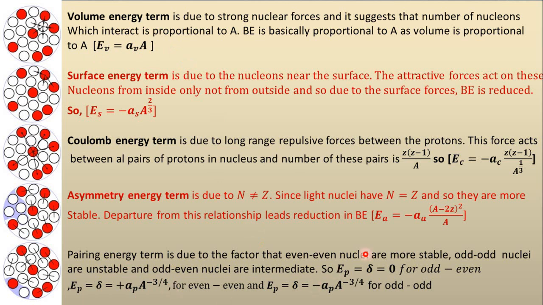The term E_P, or we also call it delta. So delta for odd-even or even-odd nuclei is 0. For even-even nuclei, the value of delta is a_P A^(-3/4), and for odd-odd nuclei, delta will be minus a_P A^(-3/4). So these are the actual assumptions, and if we consider these assumptions, the binding energy is reduced from the amount a_V A.